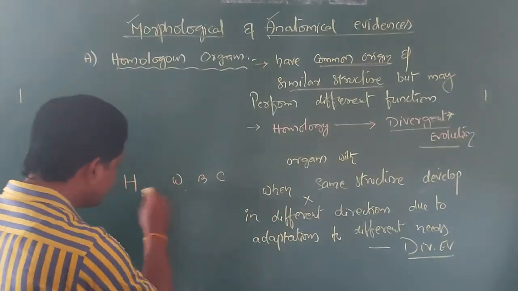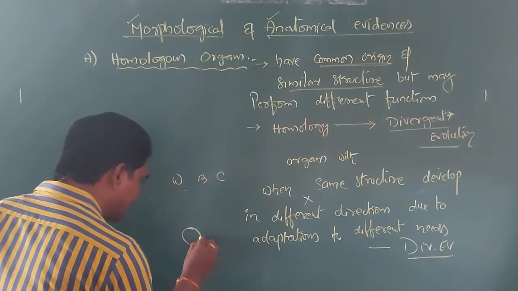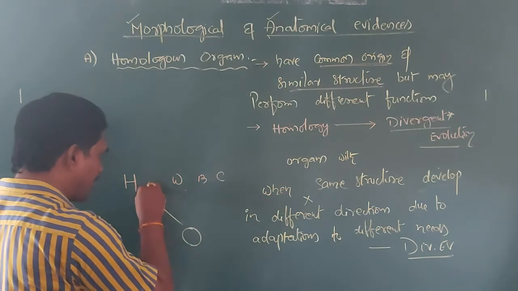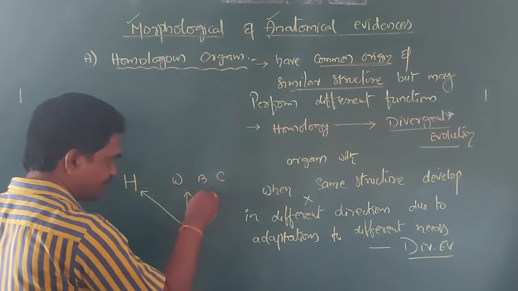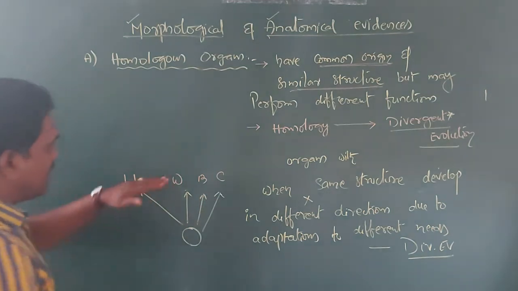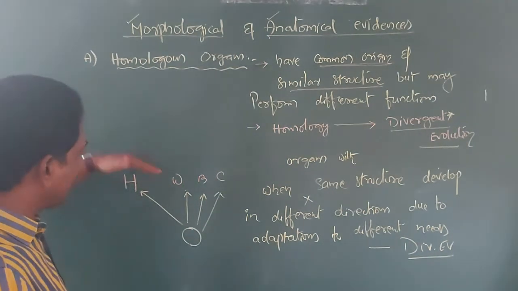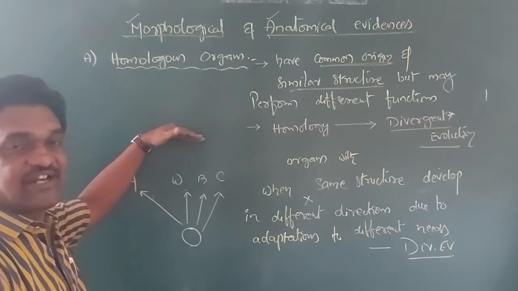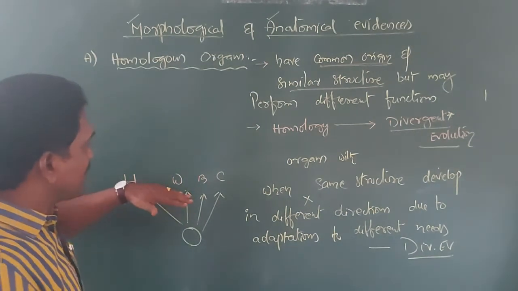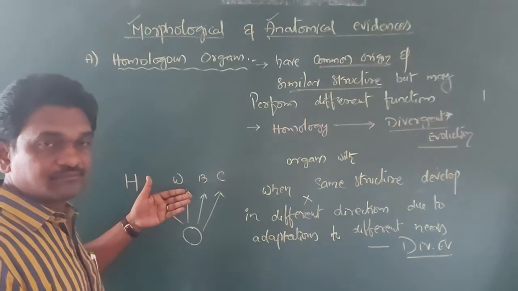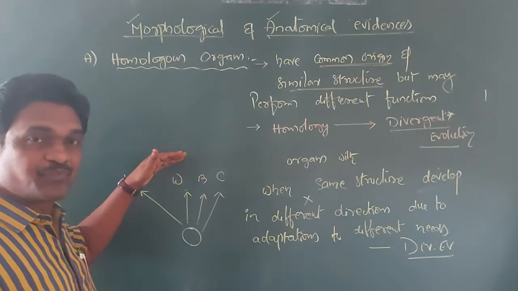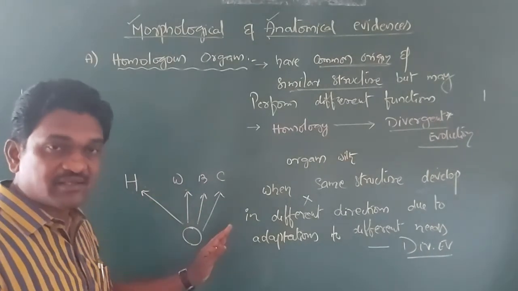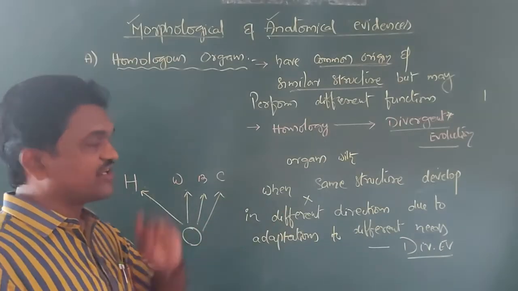Like this, all the organisms, namely humans, whales, bats and cheetah, were descended from common ancestors, but they went to different habitats. According to the habitats where they go, they exhibit functional differences. That process of organs performing different functions in different habitats is known as divergent evolution.